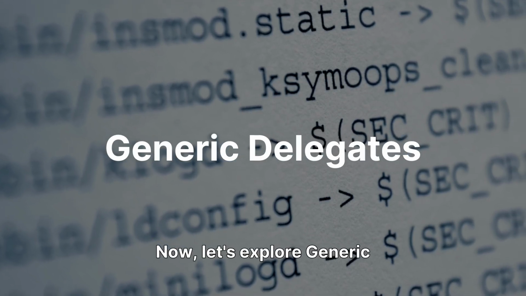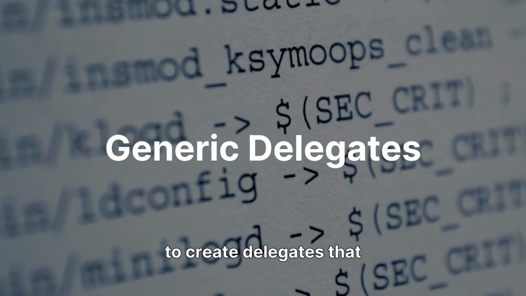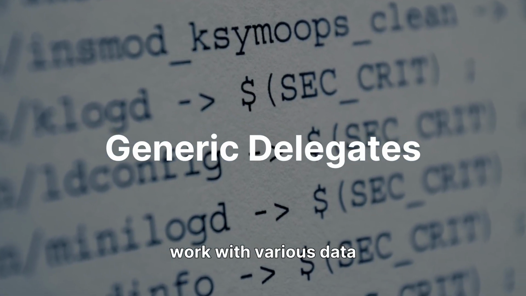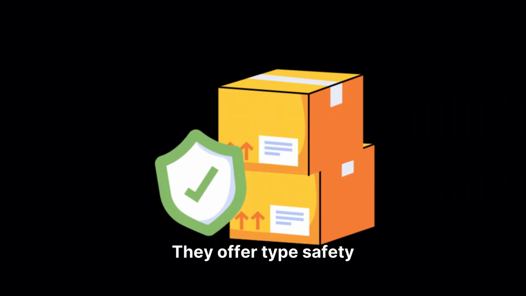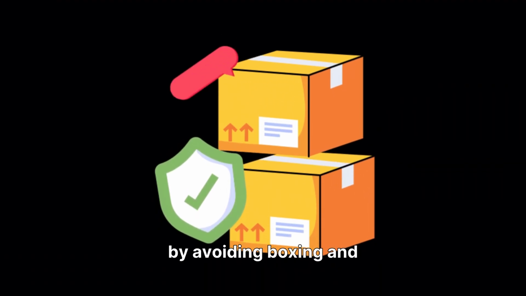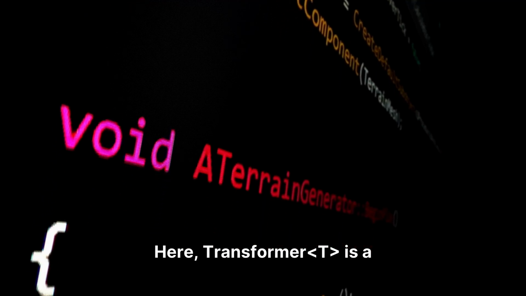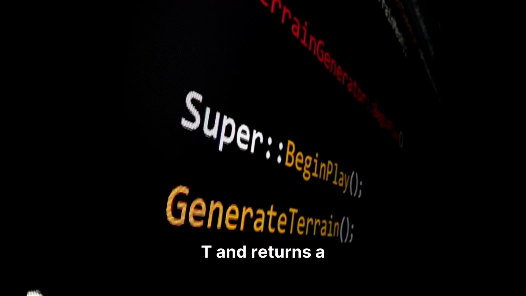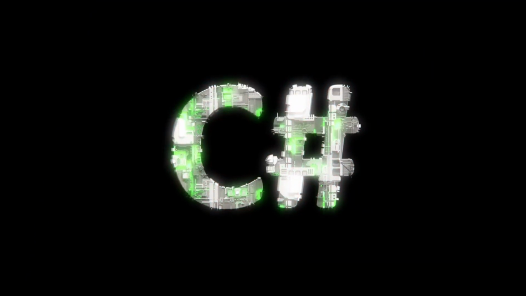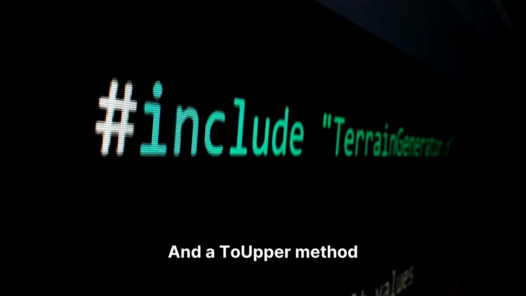Now, let's explore generic delegates, which enable you to create delegates that work with various data types. They offer type safety and can improve performance by avoiding boxing and unboxing operations. Here, Transformer<T> is a generic delegate that takes an input of type T and returns a value of the same type T. We define a Square method that takes an int and returns its square, and a ToUpper method that converts a string to uppercase.